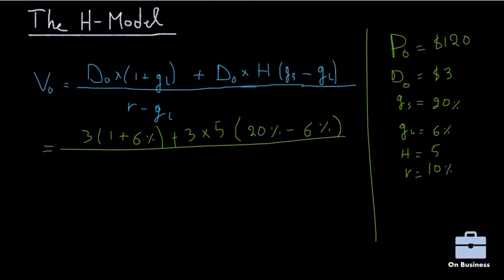I divide all of that by R, and R is 10%, minus GL, which is 6%, and the number that I get is 79.5 plus 52.5, which is equal to $132.